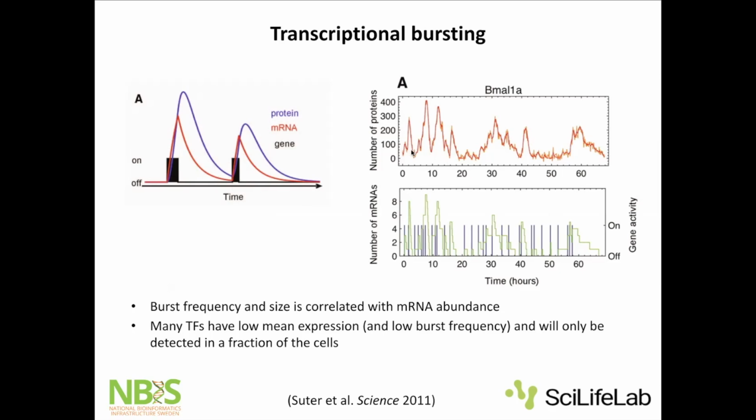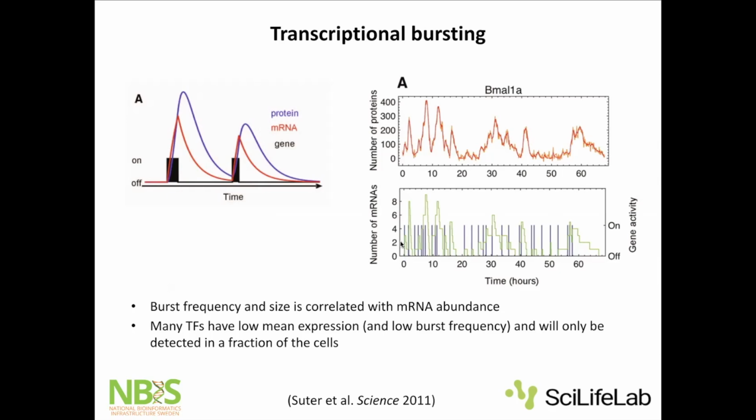And if we follow one, in this case, it's like an artificial reporter system with a fluorescent protein and a gene they can control. Each spike here is an instance where the gene is turned on to produce mRNA. At each time it's turned on, it will produce a different amount of mRNA molecules depending on how long it's on.